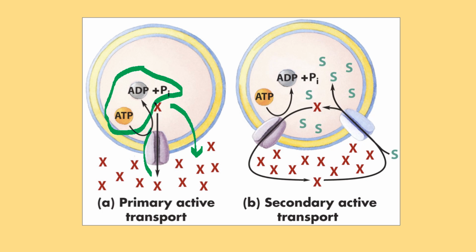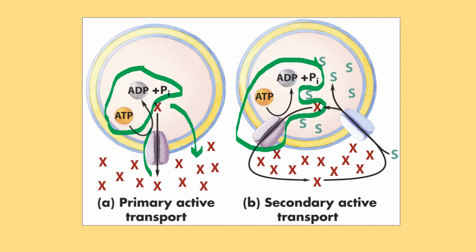Both primary and secondary active transport are represented here. So what we were just looking at in panel A is right here. This is what we were looking at in panel A. So this is the same thing. What I just circled in panel B is primary active transport.